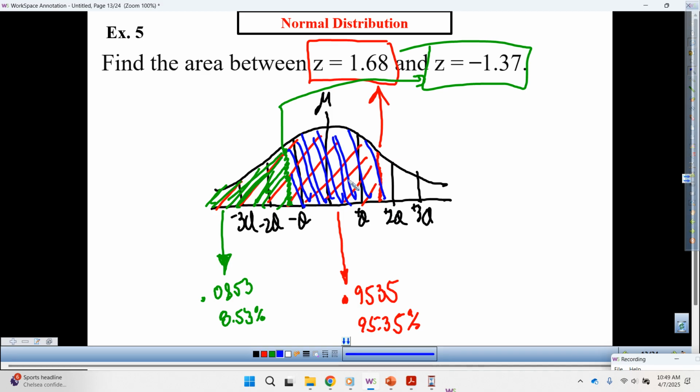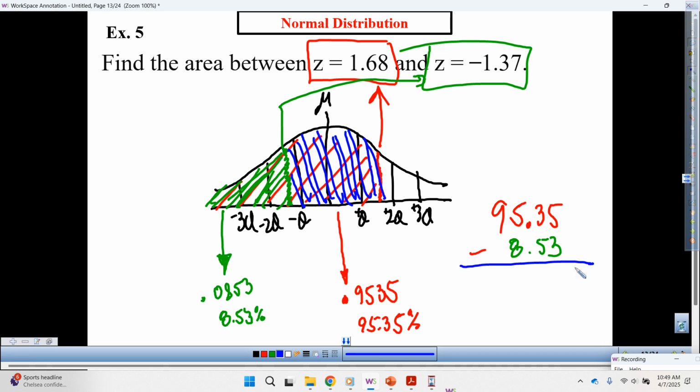Tell your neighbor what to do at the end, just to find that area. What do I do? Brandon, what do I do? Yeah, subtract. 95.35 minus 8.53. Calculators, calculate.